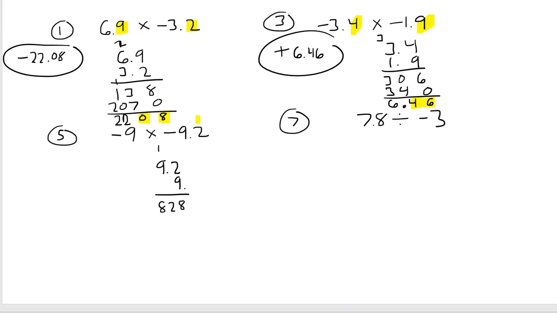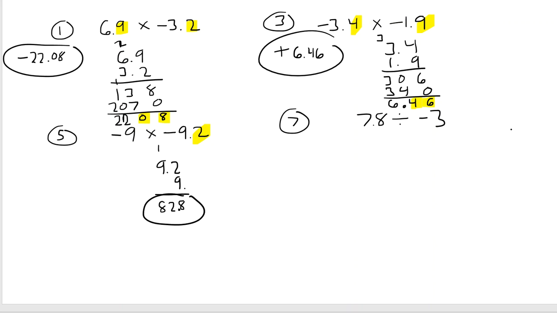In this case, there is only one number to the right of the decimal in our problem. So there just needs to be one number to the right of the decimal in our answer. And then a negative times a negative ends up being a positive. So positive 82.8.